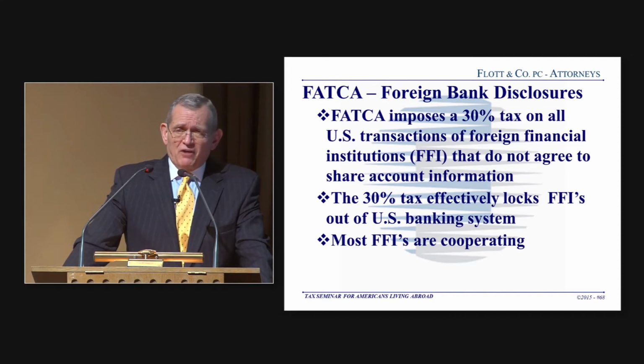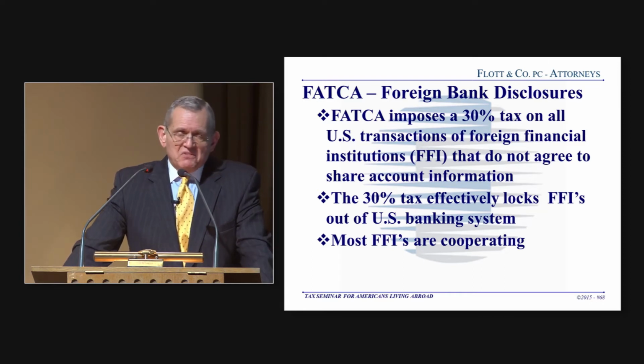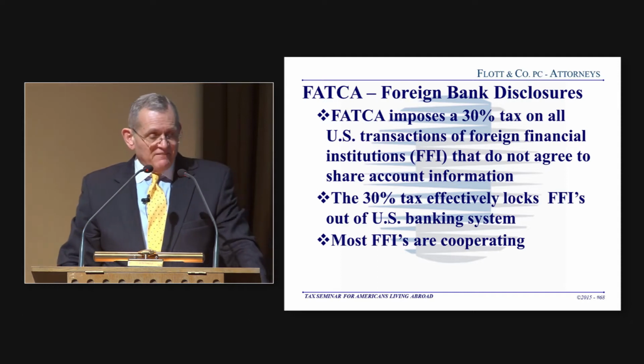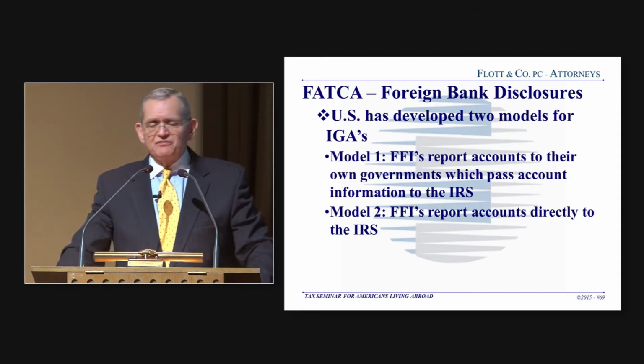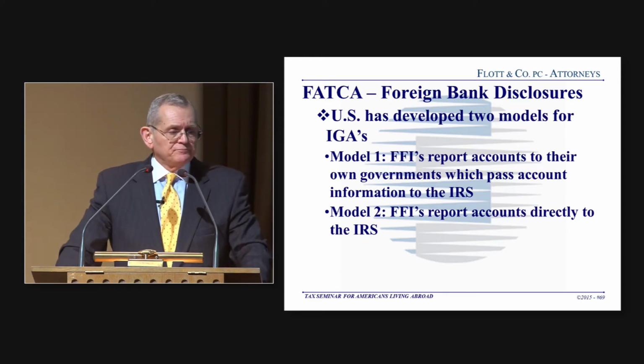Essentially, because most foreign financial institutions have substantial assets invested in the United States, that effectively means that they're going to cooperate. In fact, there are now 145,000 financial institutions around the world who are signed up for the program.